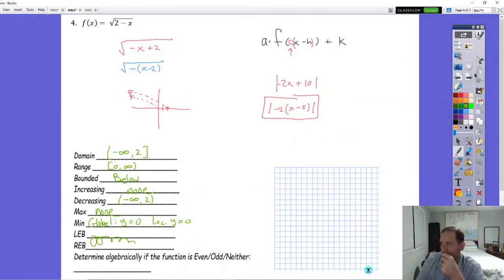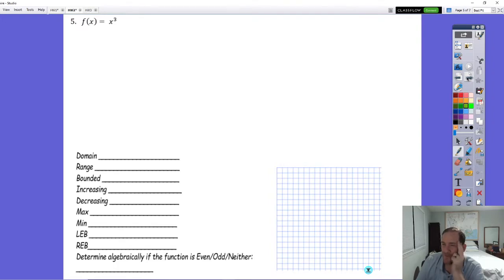Alright, that was 4. 5 is just x cubed. I talked about it as being a polynomial function. It's got odd degree. Domain is automatically all reals. Range is automatically all reals. If you didn't already know, the graph of x cubed just goes like this. That's not very symmetrical, but you get my gist.